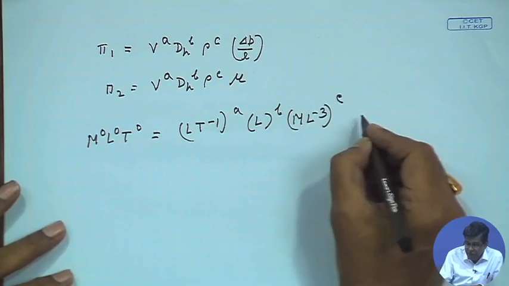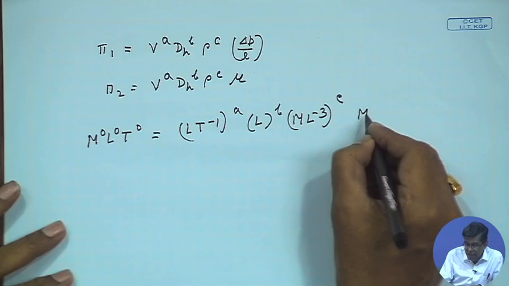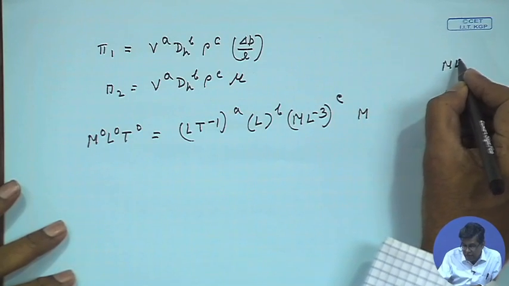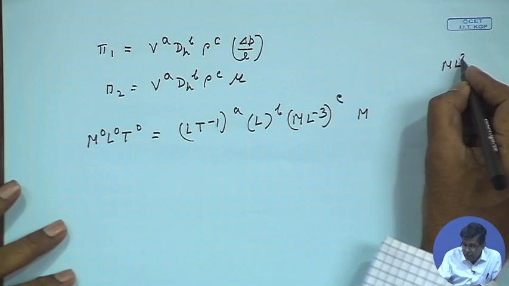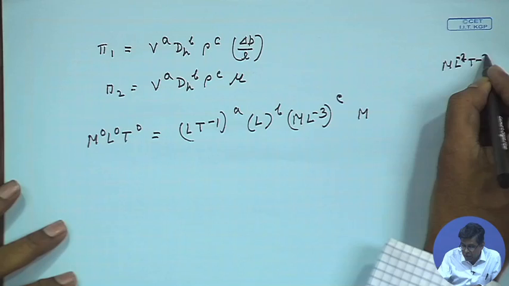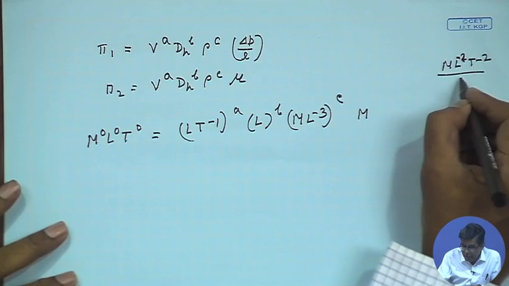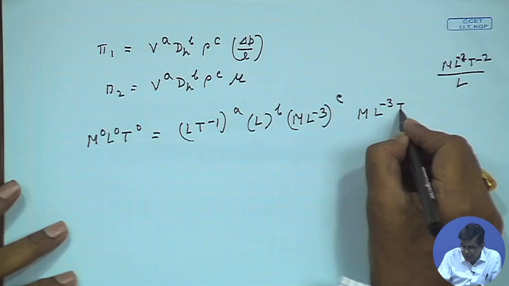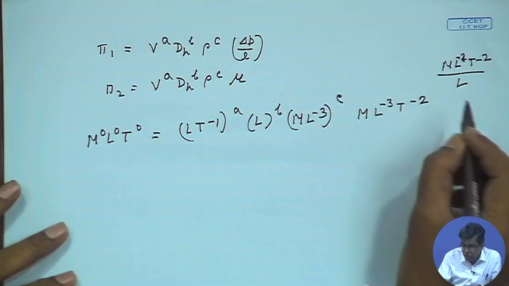And what is delta P by L? Delta P is the pressure, which is M L to the power minus 1 T to the power minus 2, and divided by L, that means M L to the power minus 2 T to the power minus 2.